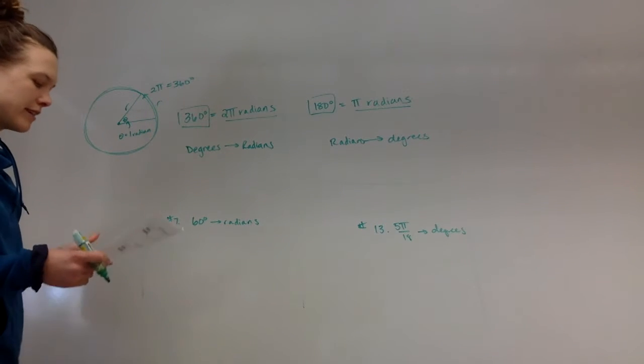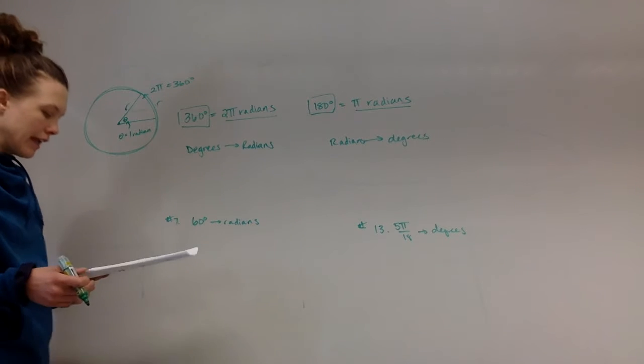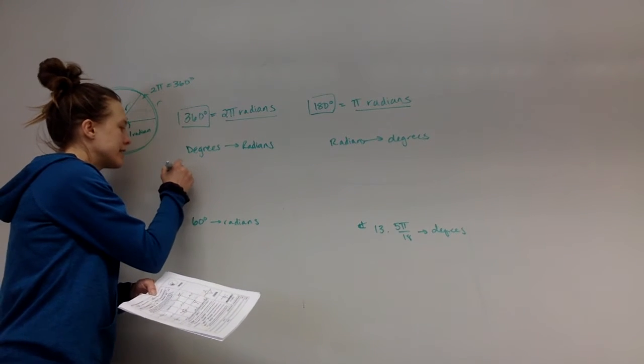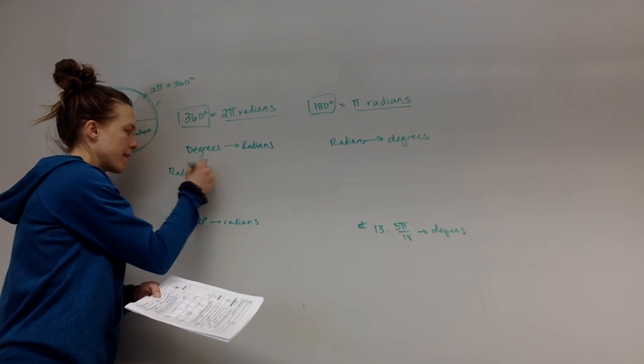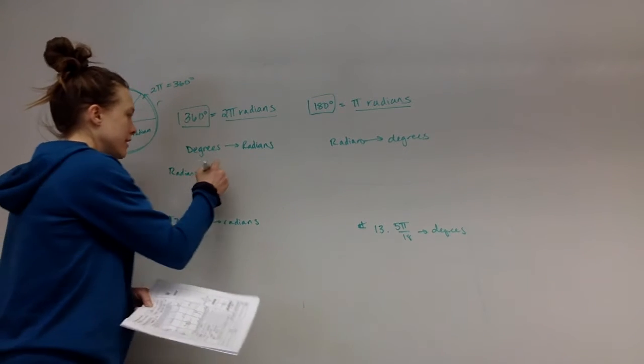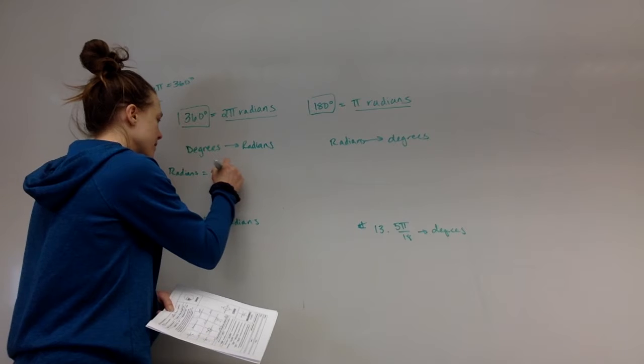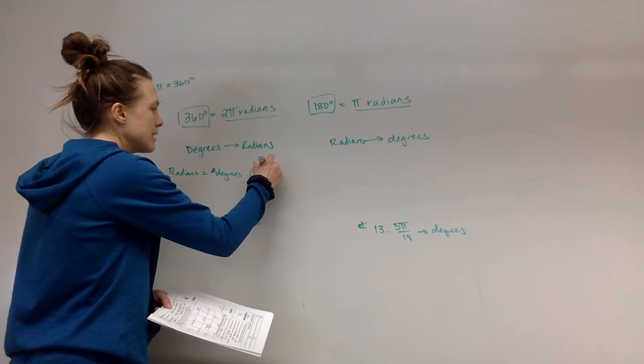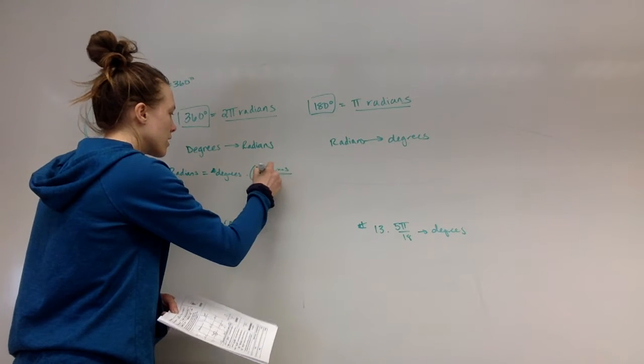180 equals pi radians. So when I'm converting degrees to radians, I'm going to write it as radians equals the number of degrees times pi radians over 180.